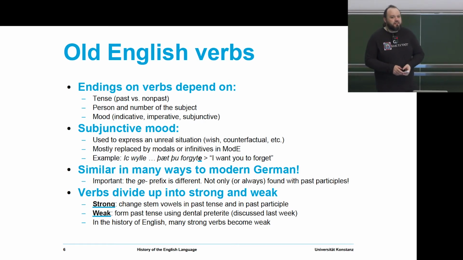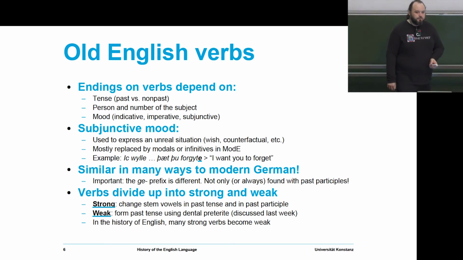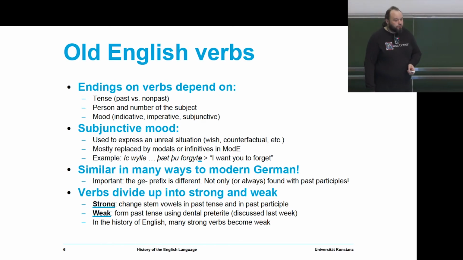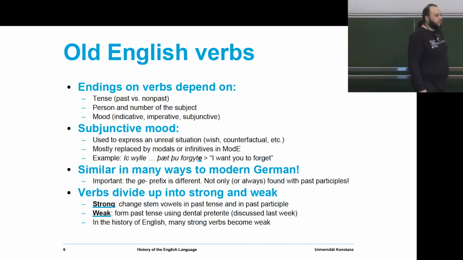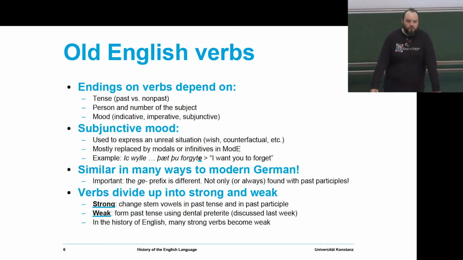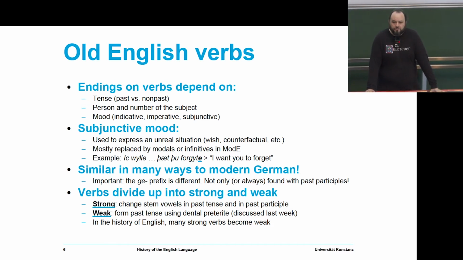And in the history of English, we see a long-term trend, which is that strong verbs tend to become weak. A lot of verbs that start out being strong end up becoming weak. So a verb like help, this is one we saw in an example before. Help, the past tense in modern English, is helped with a D. But even as late as early modern English, you sometimes see a form with a vowel change.